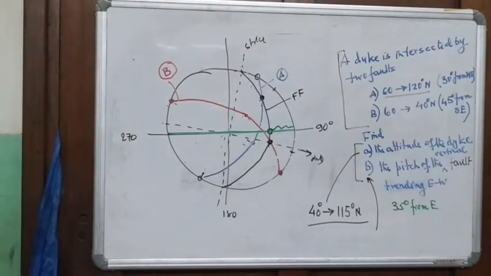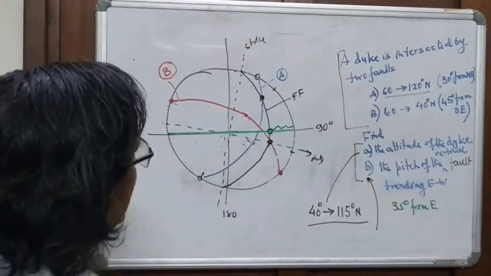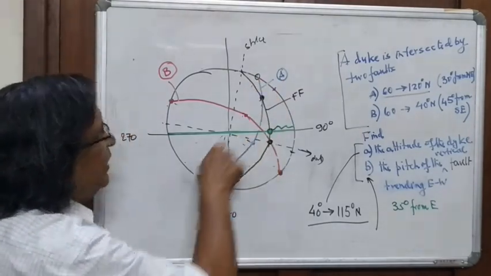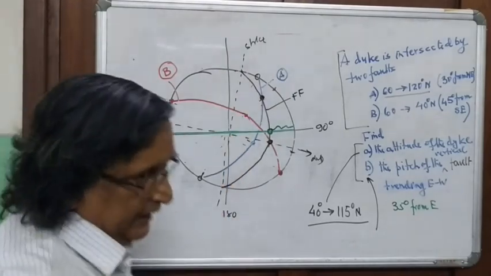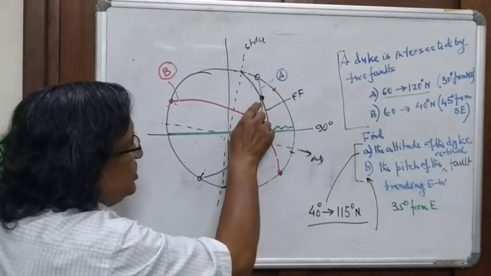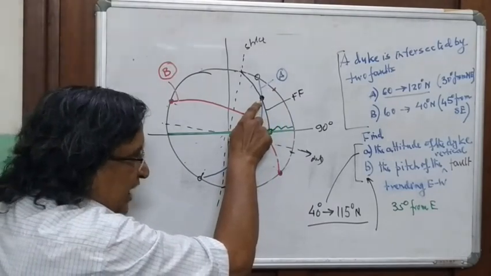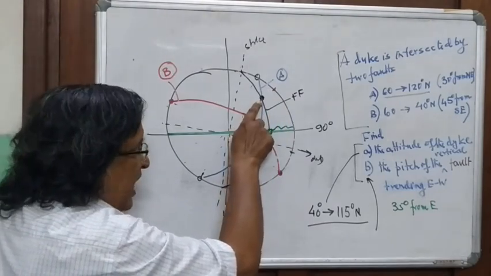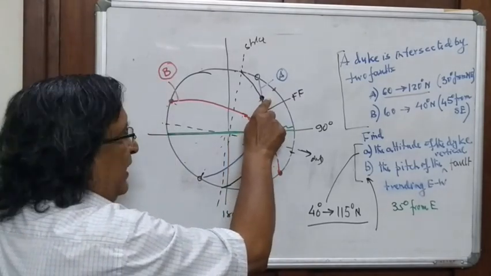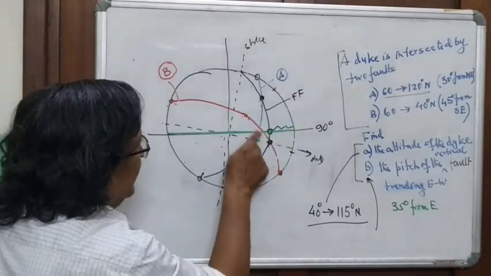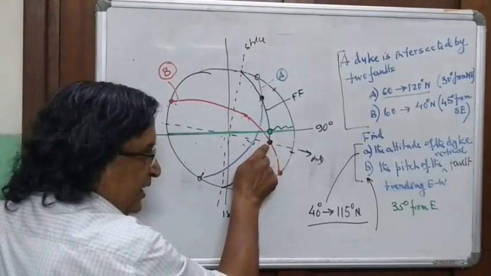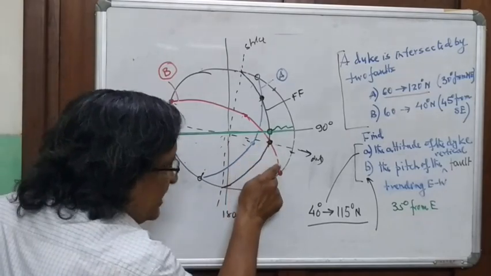So again, what did I do? First I found the attitude of plane A, fault A, and I drew this point, which is the pitch of the dike on the fault plane. This point therefore lies on the fault plane. Then I drew the second fault plane and found the pitch of the dike on that fault plane.